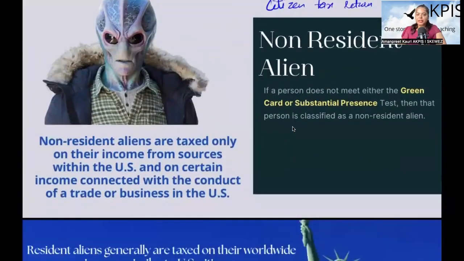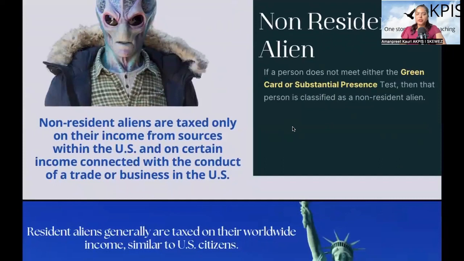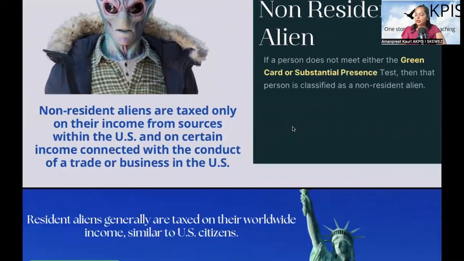If I specifically talk about the non-resident alien, right? So who is that person? Because we discussed the US citizen as well as the resident alien of the US, they're supposed to file their income tax return with the IRS, the body of the US, right? So who is a non-resident alien?